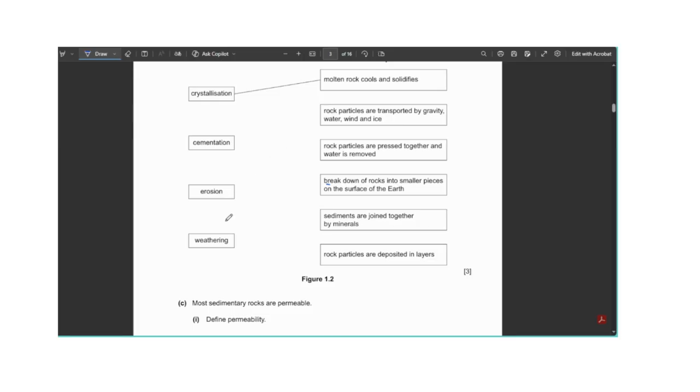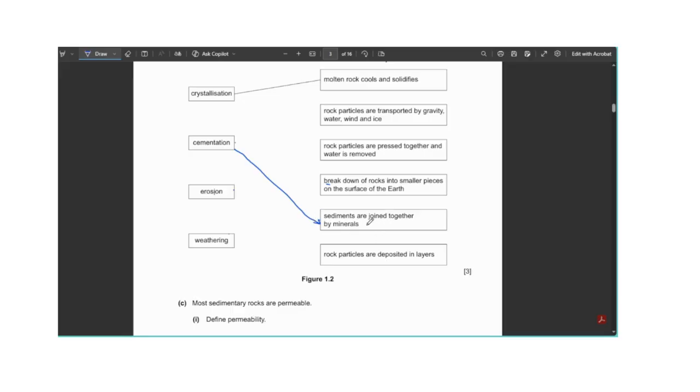Next one is weathering. Weathering also shows the breaking down of rock. So erosion, weathering, something is breaking down. Cementation: sediments are joined together by minerals.